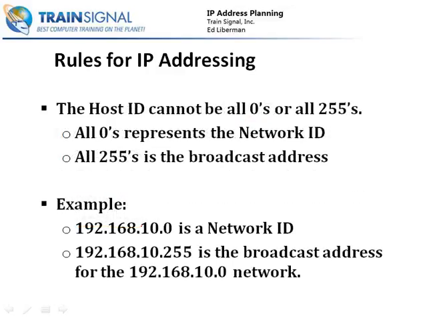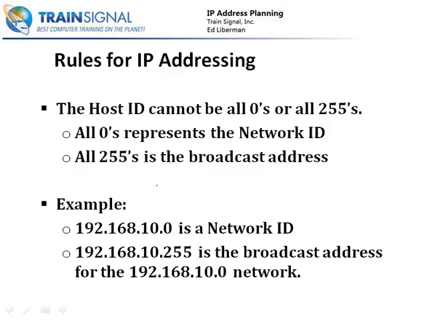Now another thing you need to know is the host ID of an IP address. In an earlier video we talked about dividing an IP address into a network ID and a host ID. Well, the host ID portion cannot be all zeros, and it cannot be all 255s.